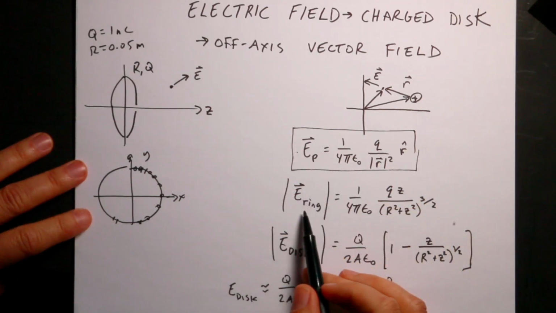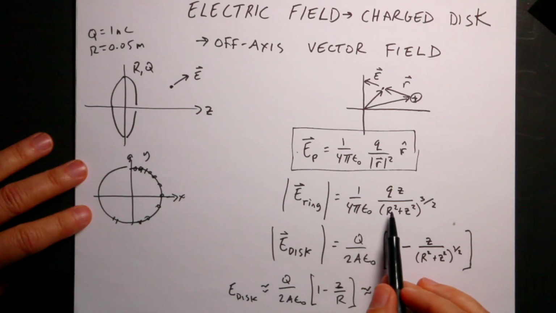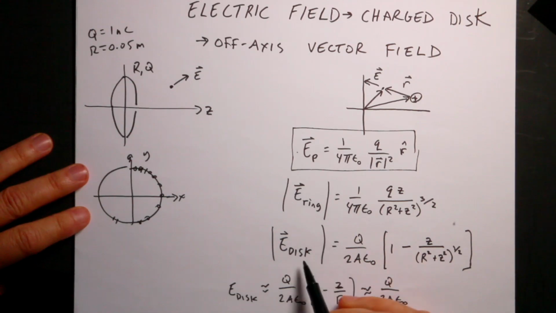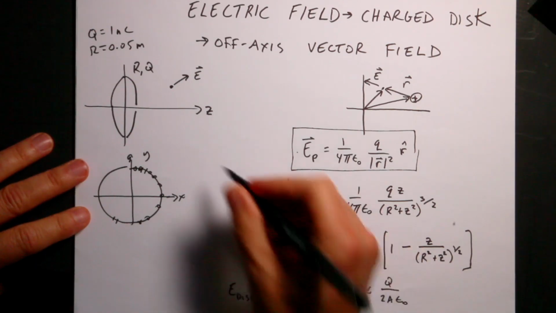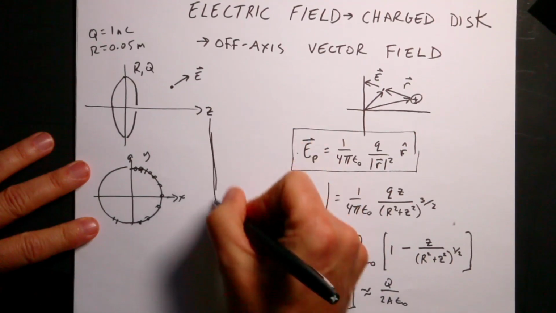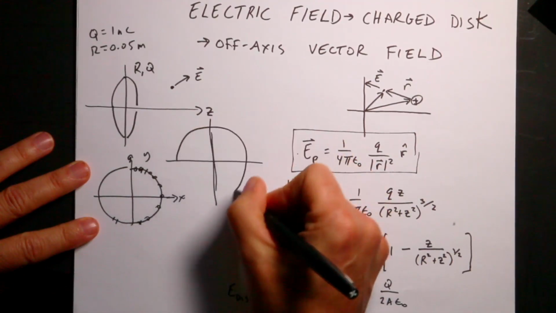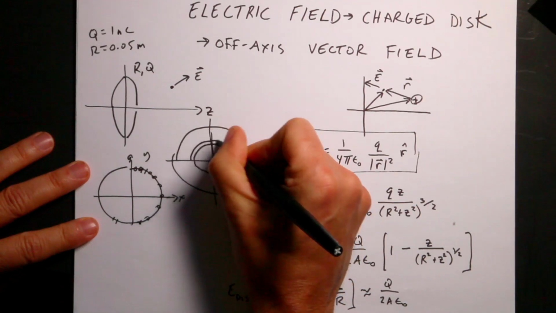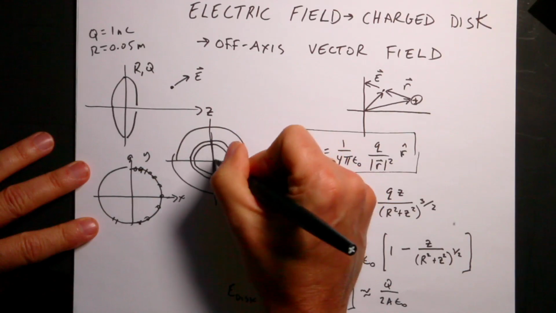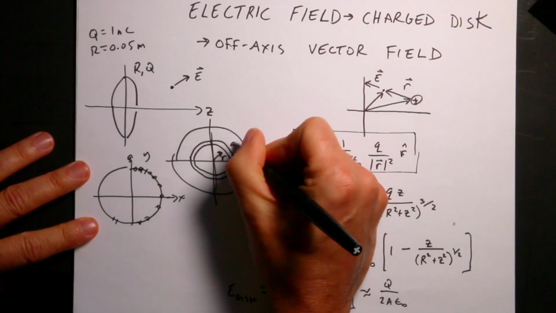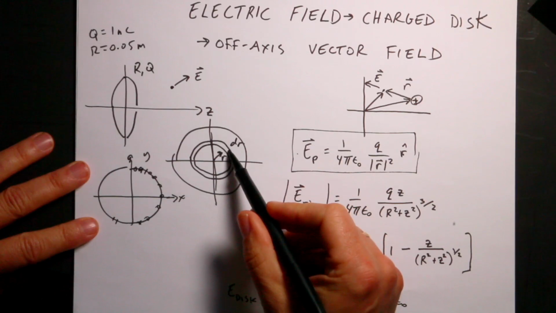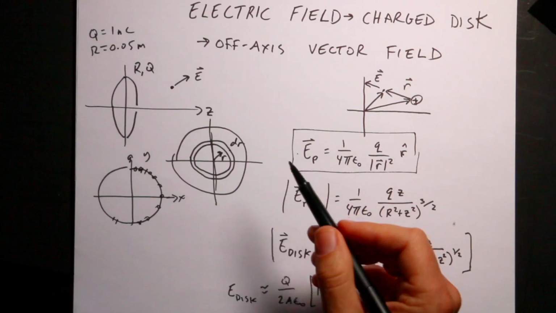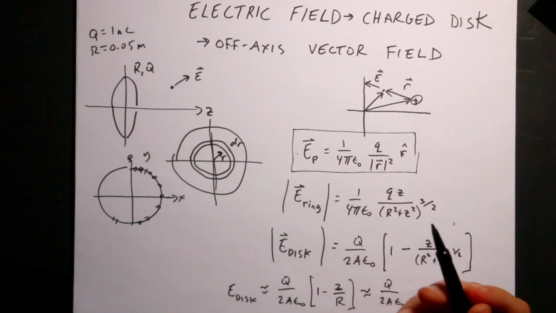And so then if you do that analytically, you get this expression for the electric field due to a ring, which is important for the electric field due to a disk, and I'll tell you why. And then you get this, the electric field due to the disk. This is important because if I have a disk and I want to find the electric field on the z-axis, I can break this disk into a bunch of rings with a radius lowercase r and a thickness dr. And then I can find the electric field just due to this contribution, and then I can add up all the rings to get the total electric field with an integration.